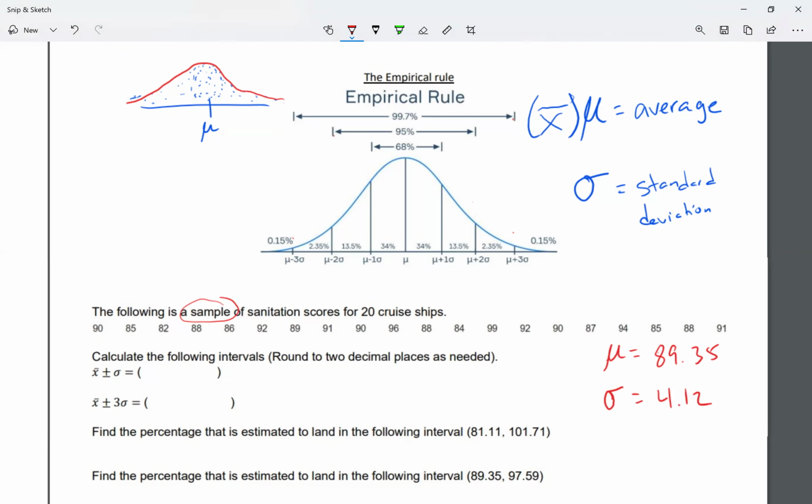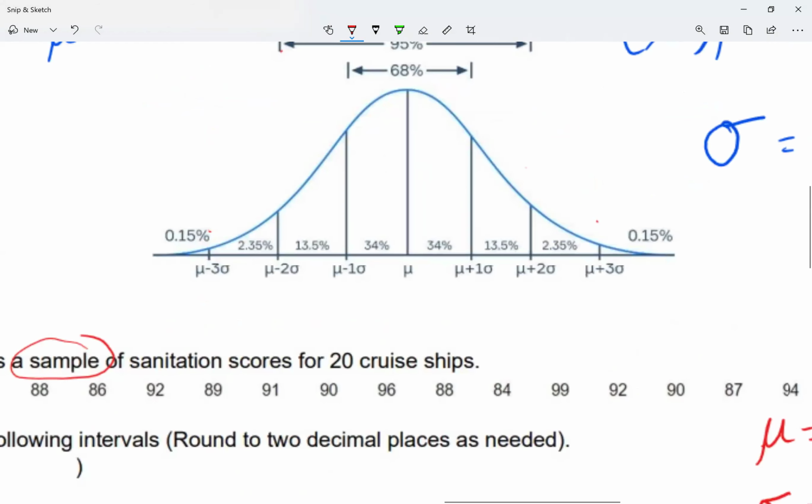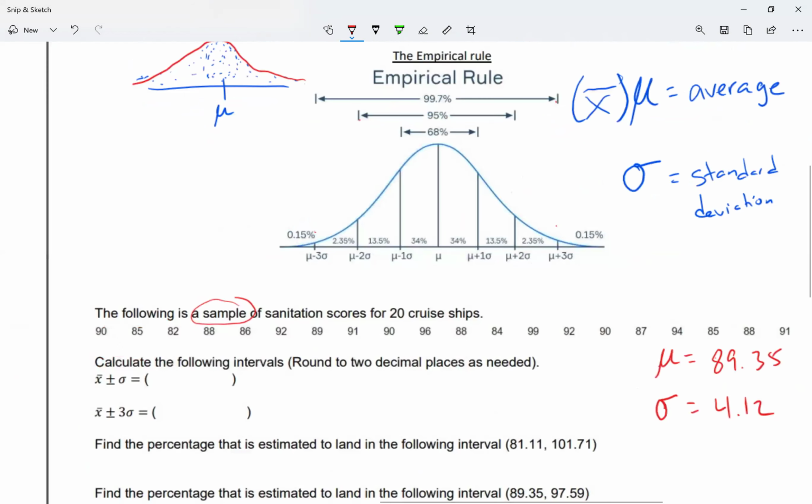Now here we're going to calculate the following intervals, round to 2 decimal places as needed. Okay, for our empirical rule here, we're going to be using this in a minute. Remember how I said sometimes we're going to use the letter mu for average, and sometimes we're going to use an X bar.